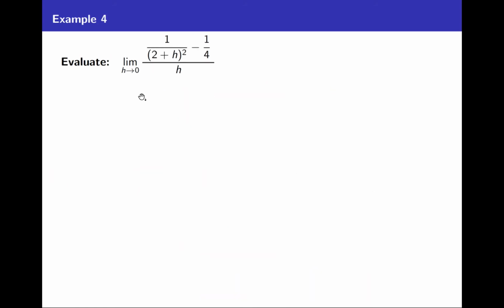In example 4, we have the limit as h approaches 0 of (1 over (2 plus h) squared minus 1/4) divided by h. So our first try might involve taking the limit as h approaches 0 of the top divided by the limit as h approaches 0 of the bottom.